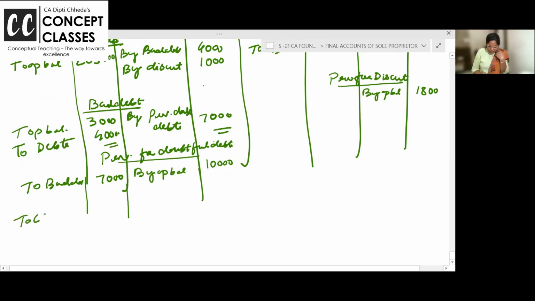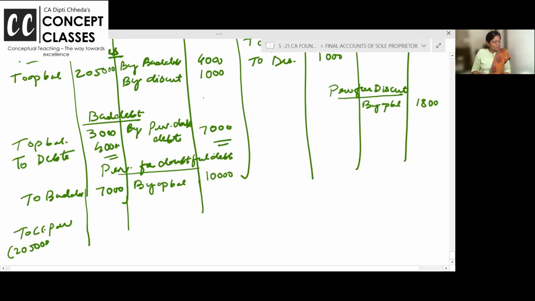So that you can say, we have made a provision of 10,000, but then actual bad debt is 7,000. And now closing provision, how much is required? How much are your debtors? 2,05,000. Look at the debtors account. Out of that 5,000 to get.